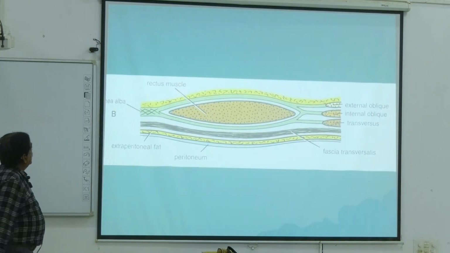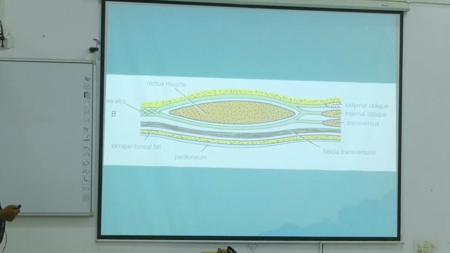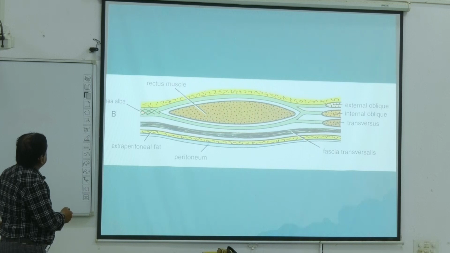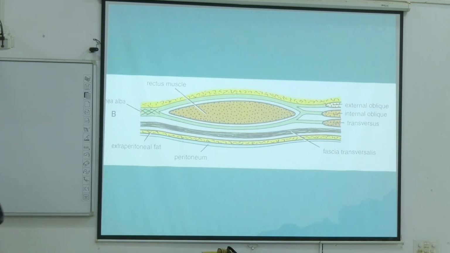You see the rectus muscle is between, the linea alba is in the middle, and those are the tendinous intersections like this.